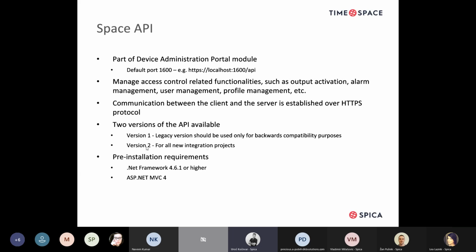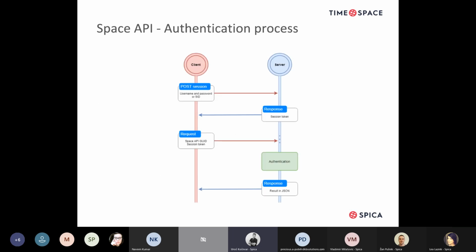Version 2 is advised to be used for all new projects. Version 1 is just for older integrations which are already there, and of course we don't want to break them when you upgrade the system to the current version. All new functionality is done on the actual version, which in our case is version 2, and the installation requirements are of course the same as for the device administration portal.